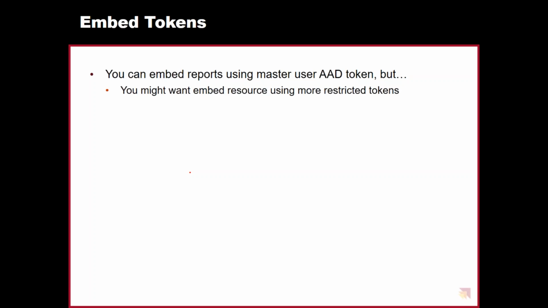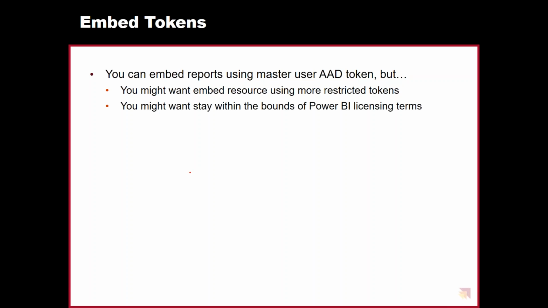One is if you embed a report with that token, the user has the token, can take it. People refer to access tokens as cash because they're a resource that once you have, you can use to do whatever you want with. So you might want to create a more restricted token. Another big reason to use embed tokens is you might want to stay within the bounds of Power BI licensing terms.